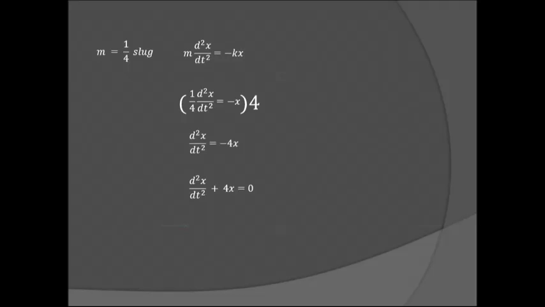From this equation we can conclude the ω². So our ω² is equal to 4. Simplify this and we get ω is equal to 2. From this we can now substitute into the general equation of motion, x(t) = c₁ cos ωt + c₂ sin ωt.